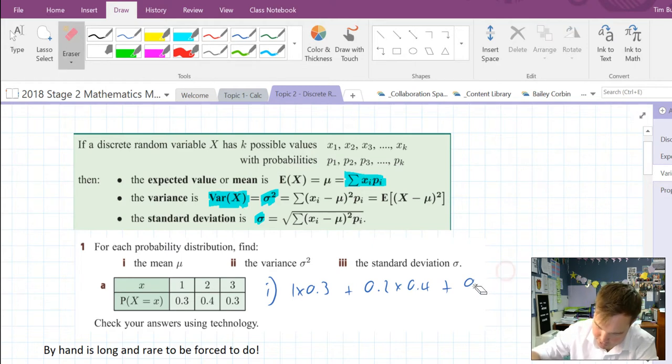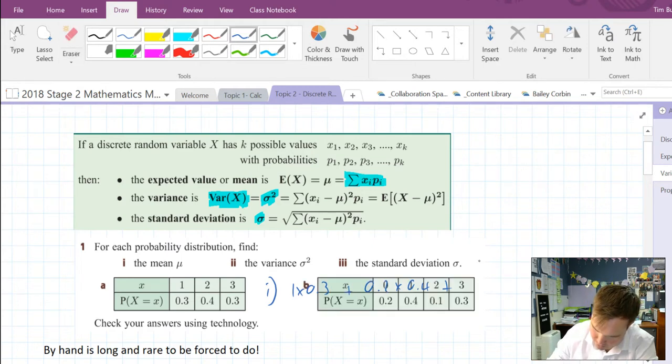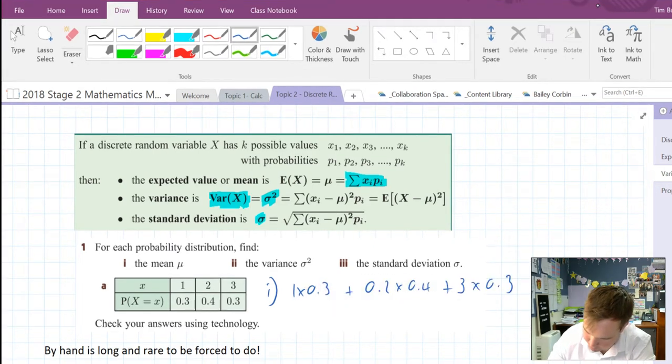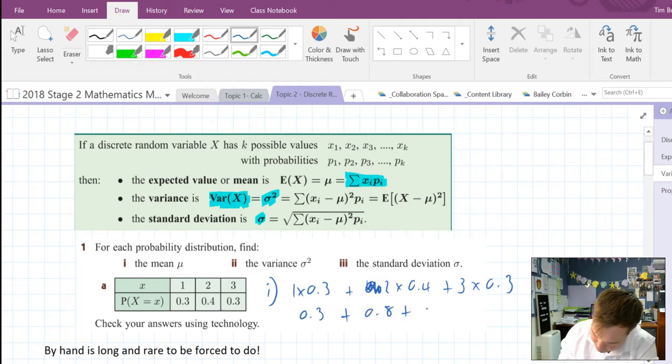Of course you can grab your calculator here, but if you're asked to do it by hand, chances are they're going to make you do it in your head. So that's 0.3 plus 0.8 plus 0.9, which is all going to add up to 2.